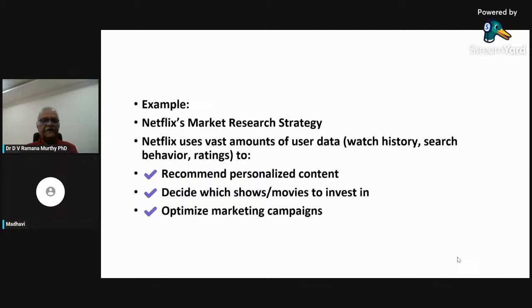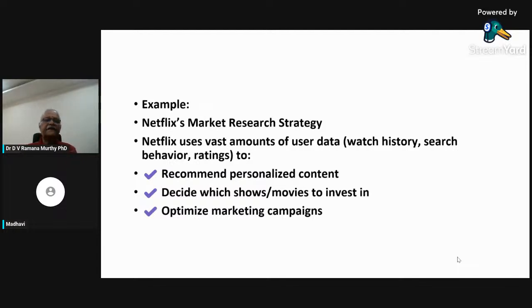And we have also explained a case in point, the Netflix market research strategy, and how they use the data. They use data based on the watch history of the customers, their search behavior once they go for app search, what type of movies or shows they are interested in viewing, and the ratings that they give.